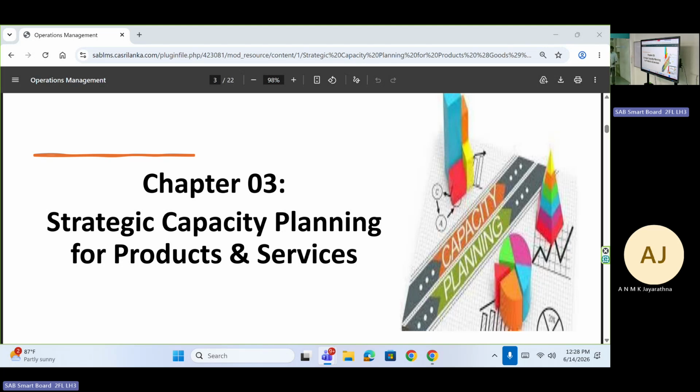Write down the title, the topic: Strategic capacity planning for products and services. Then write down the subtopic: capacity.